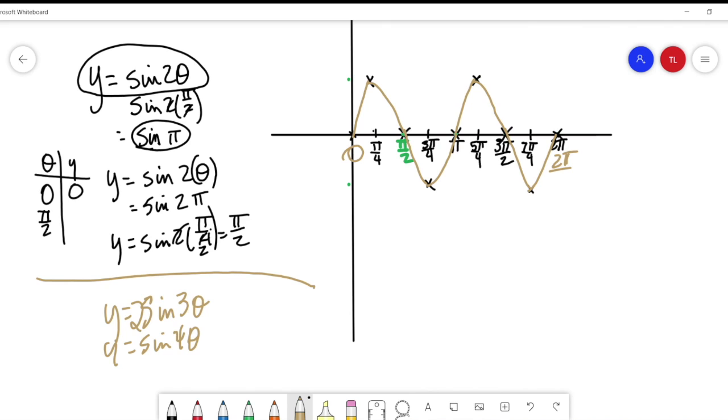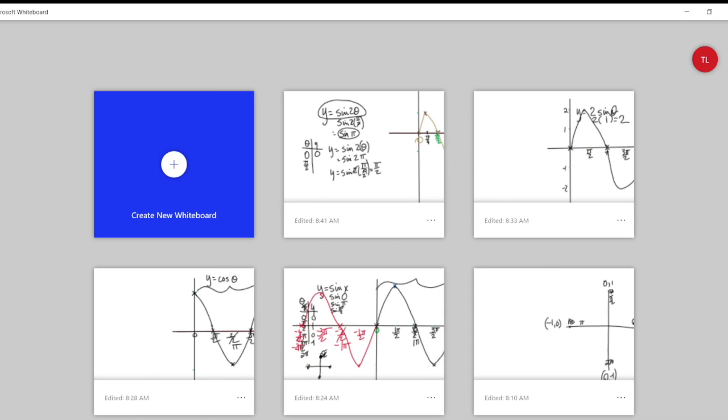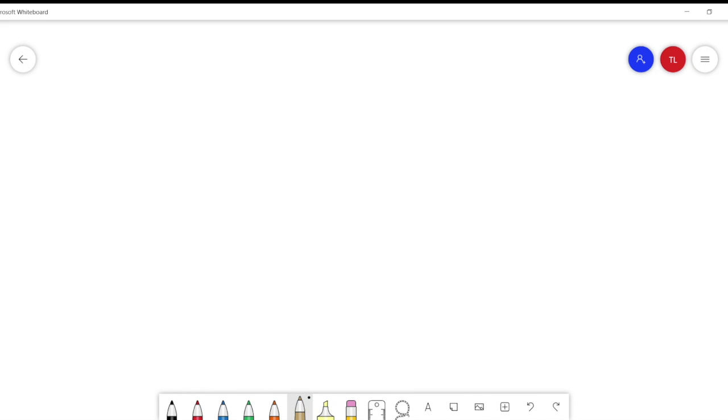It says period. The period is the distance you would travel to complete one sine graph. In other words, from here to there is 2 pi. That's a period. That's the distance you would travel to make one complete graph.